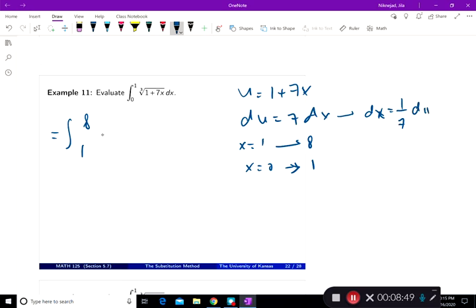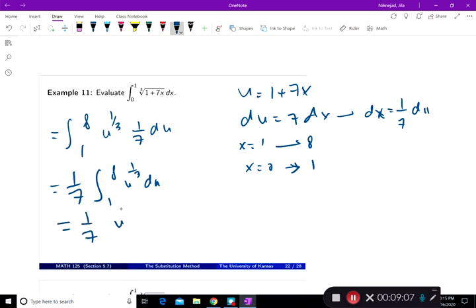And in here I get u to the power 1/3 and 1 over 7 du. 1 over 7 comes out, 1 to 8, u to the power 1/3 du, and that is 1 over 7, u to the power 4/3 times 3/4, from 1 to 8. And so simplify, clean it up.